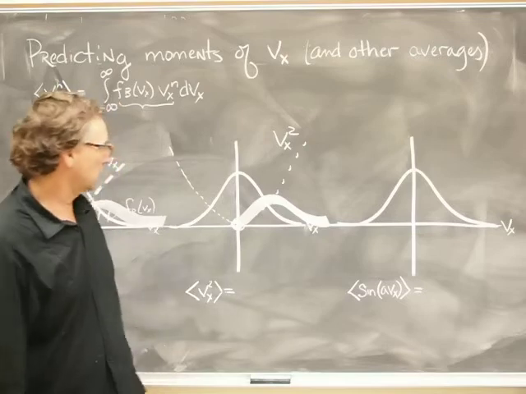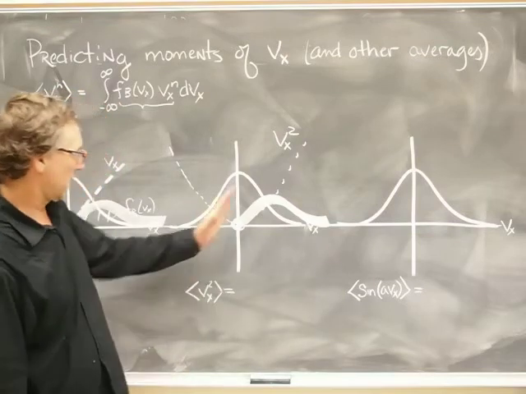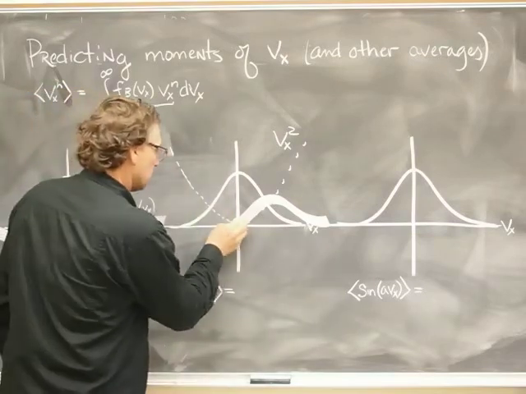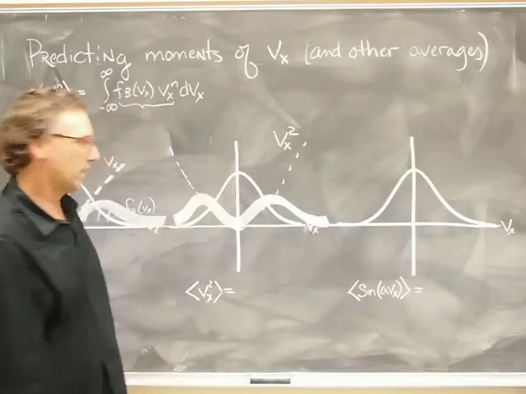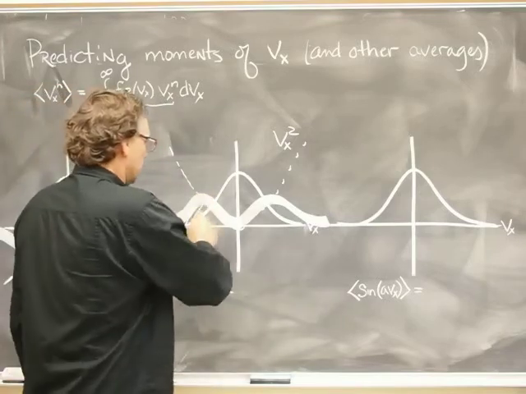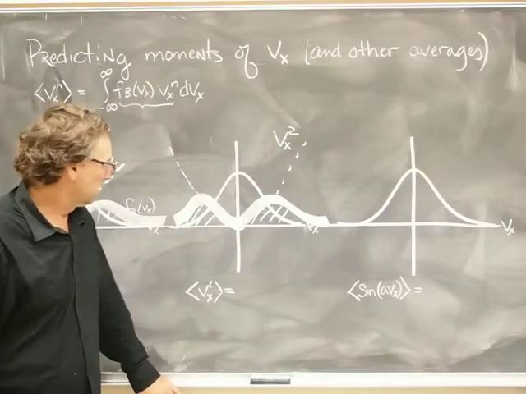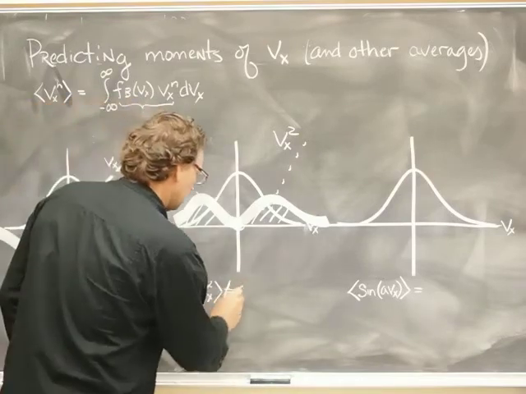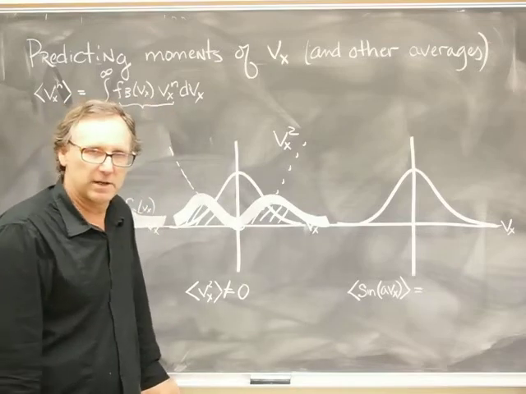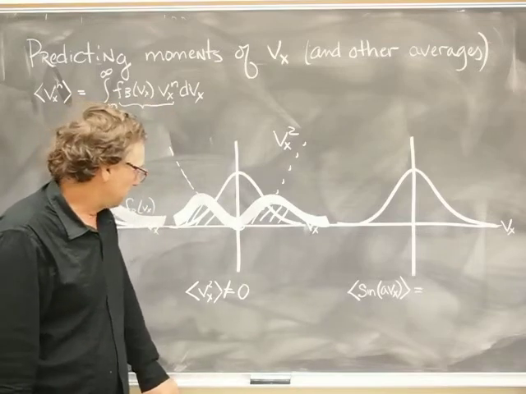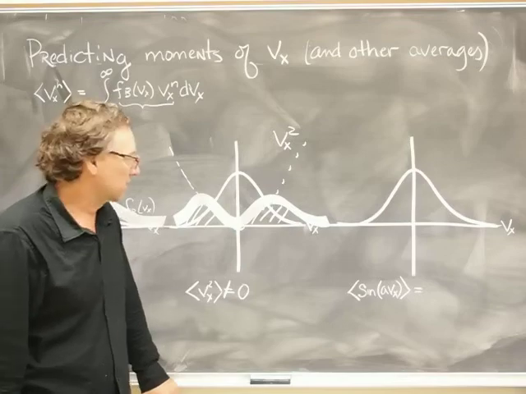What does it look like as we go to the left? It's actually perfectly symmetrical. So I've got something like that. The area underneath is equal to the mean of Vx squared, and obviously it's not 0. If we wanted to actually evaluate it, we'd look at an integral table, something like that.